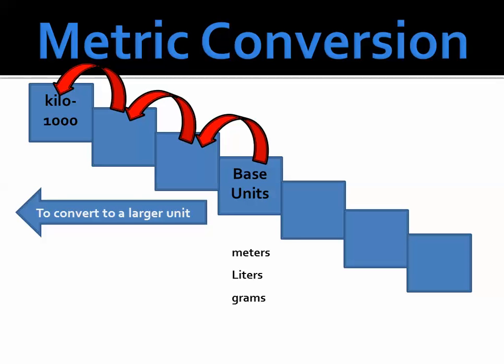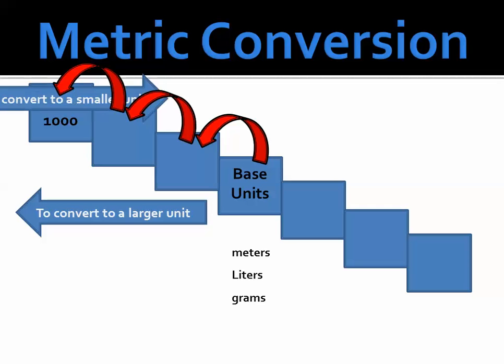A kilometer is very large compared to a meter. If you were to run 2.5 times around a standard running track, that would be 1 kilometer. It is abbreviated km. Kilo equals K, m equals meter.